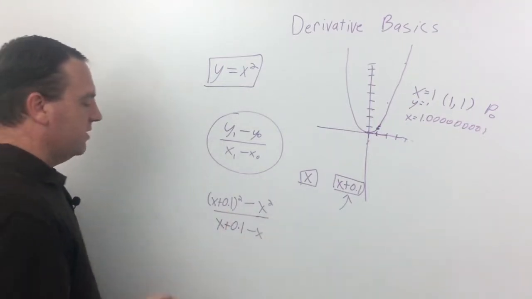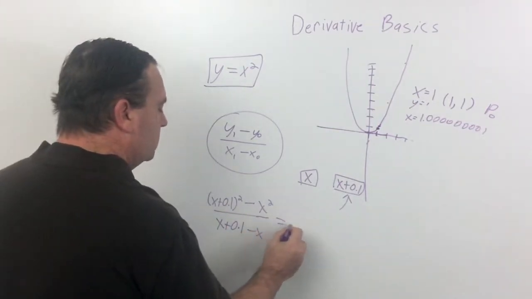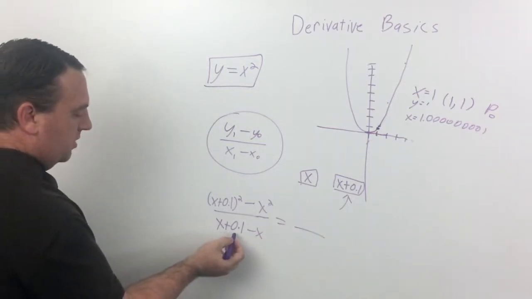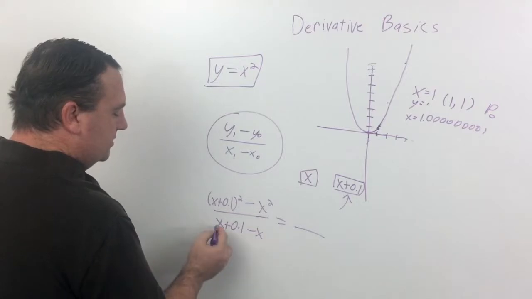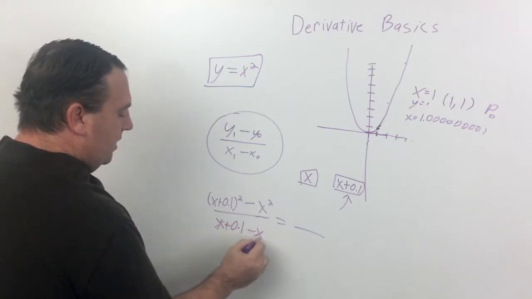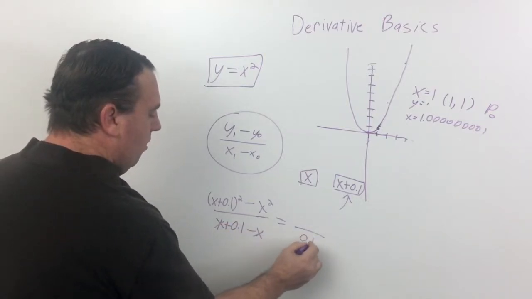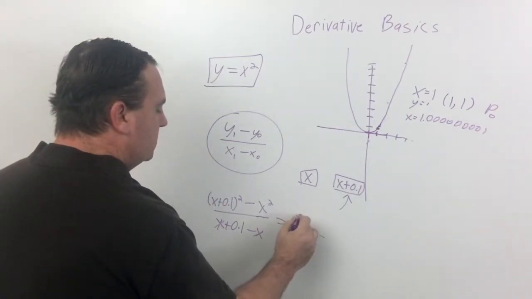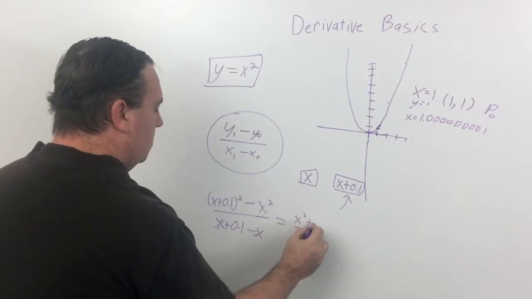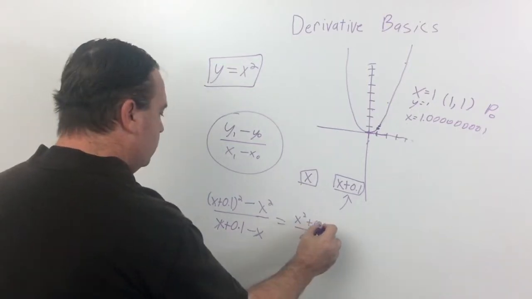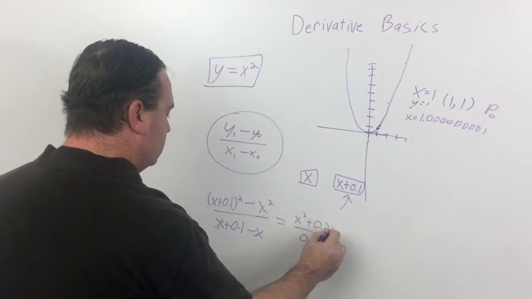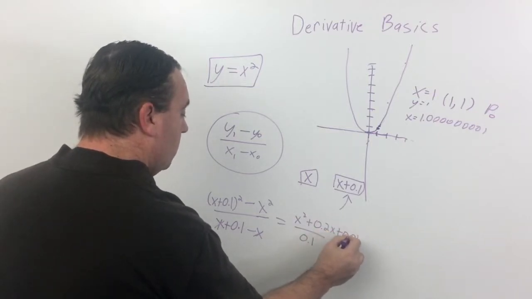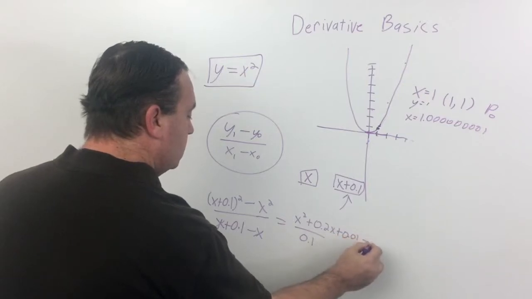So if we simplify, on the bottom, notice we have x plus 0.1 minus x, so the x's cancel out, and that gives us 0.1 on the bottom. On the top, we'll have x squared plus 0.2x plus 0.01 minus x squared.